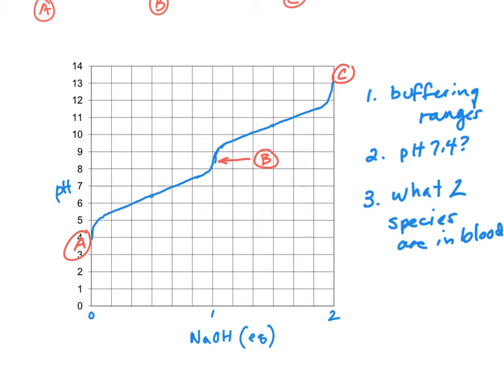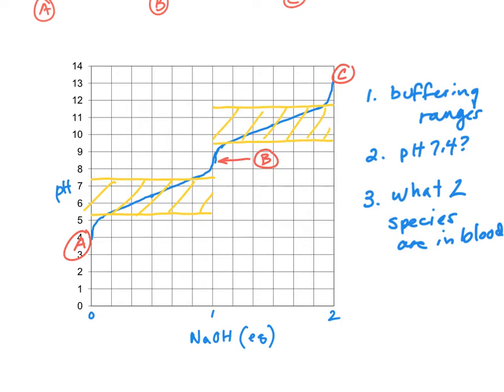Let's go ahead and load in our buffering ranges. It's going to be 5.3 to 7.3. We'll draw those as carefully as we can. And it's going to be about 9.6 to 11.6. So where is blood?